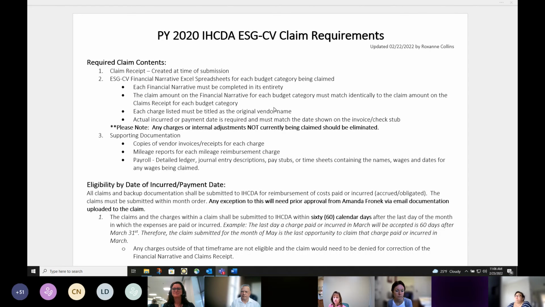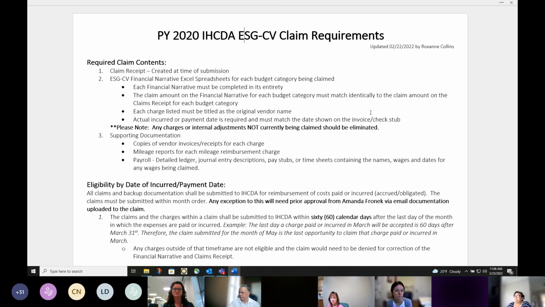Okay, perfect. So I wanted to go over some things with you. This is a claims requirement sheet. It is specifically just about the documentation that is required when you are submitting ESG CV claims of any kind. I thought this might be somewhat of a help. We've had a lot of claims come in missing documentation.